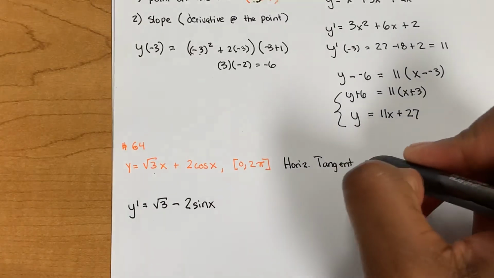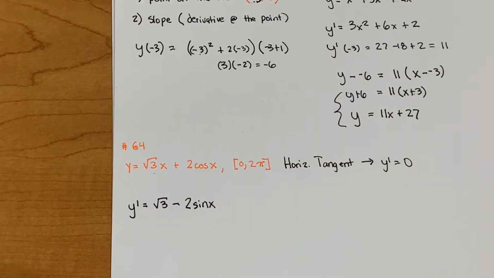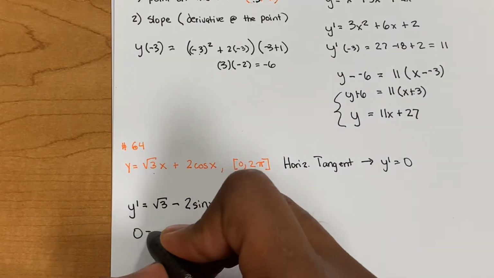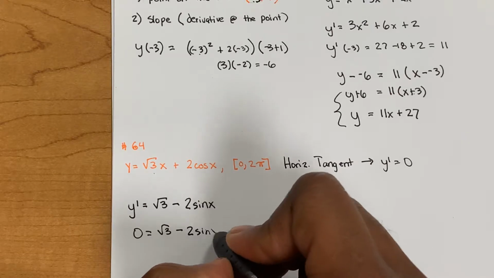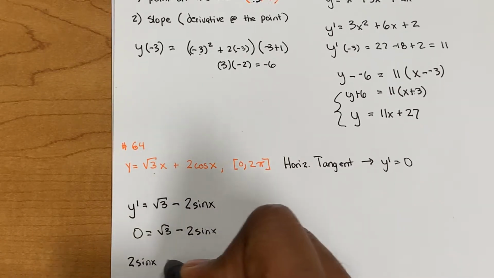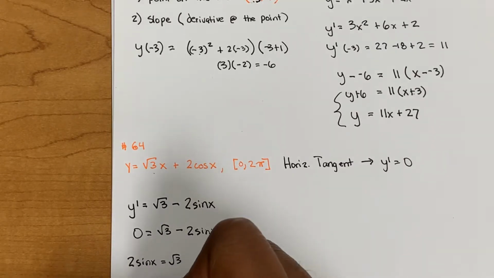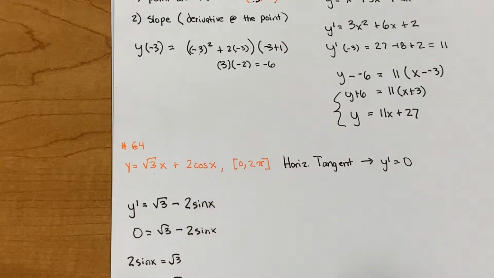And so again, horizontal tangent implies the derivative equals 0. So 0 equals root 3 minus 2 sine x, and we get 2 sine x equals the square root of 3, and the sine of x is equal to the square root of 3 over 2.